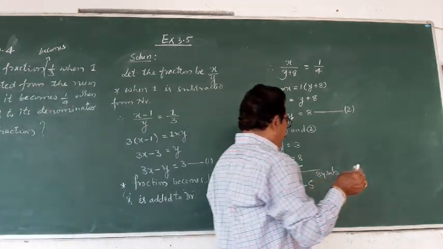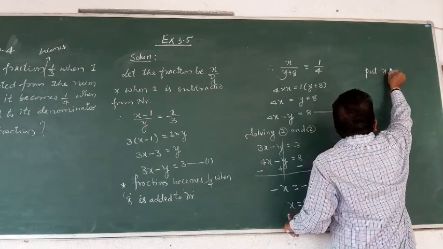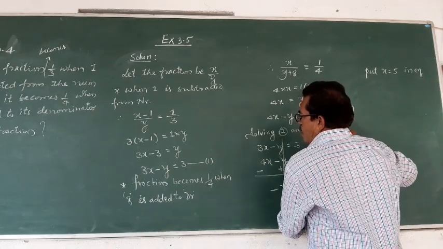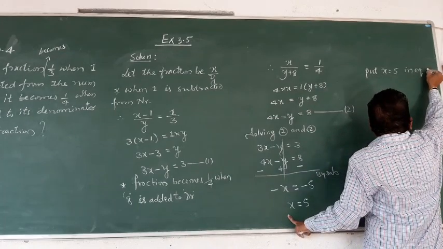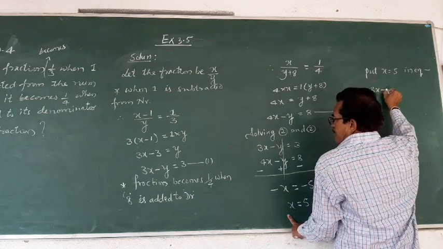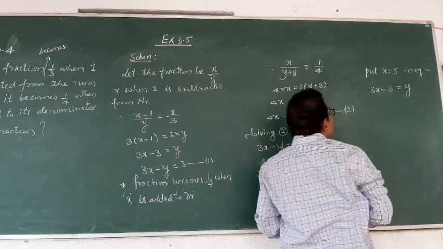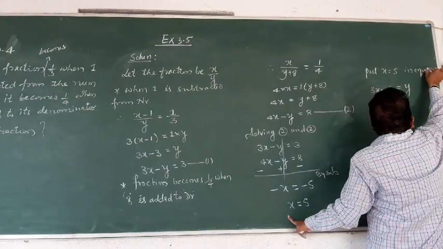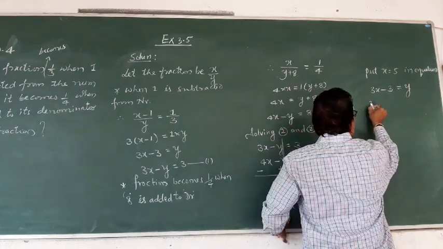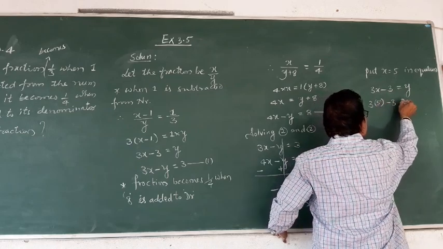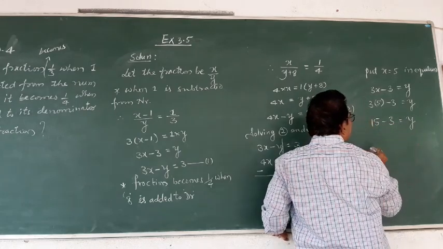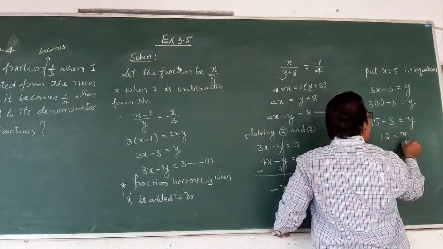Now put x equals 5 in equation 1: 3x minus 3 equals y. 3x is 3 fives are 15, minus 3 equals 12.